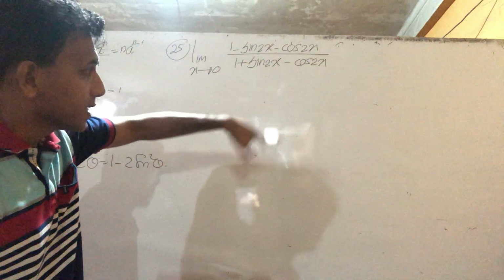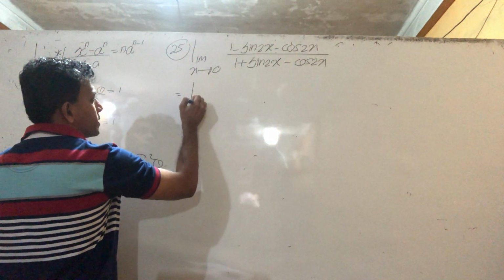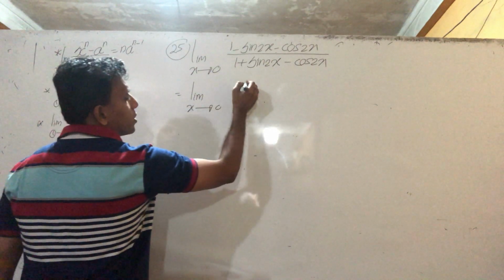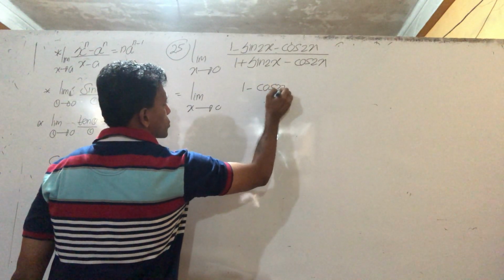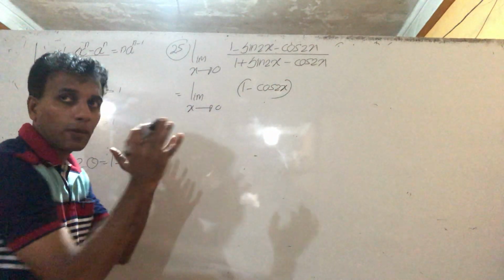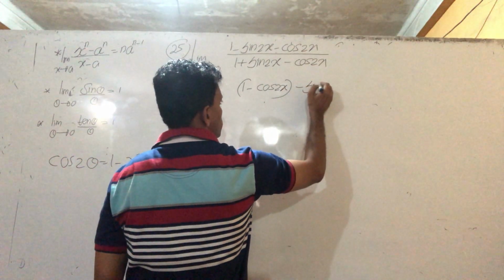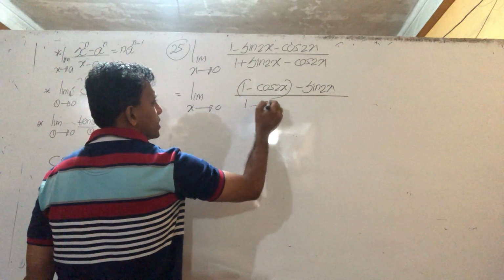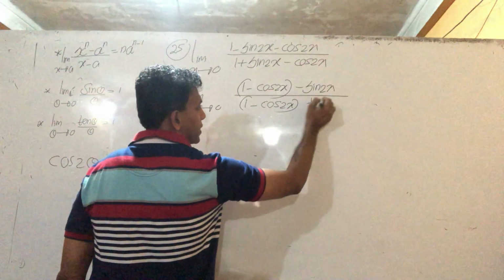Also cos 2x converts to sine form. Therefore, if I rearrange like this, the limit as x approaches 0 of 1 minus cos 2x, separated, minus sine 2x, over the same below, 1 minus cos 2x plus sine 2x.